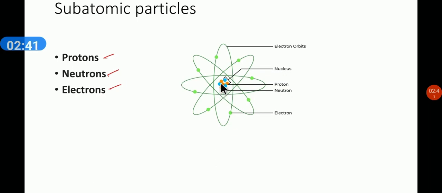In the nucleus we have protons, which are positively charged, and neutrons, which have no charge, whereas the electrons are negatively charged. The number of protons defines the element, that is the atomic number.